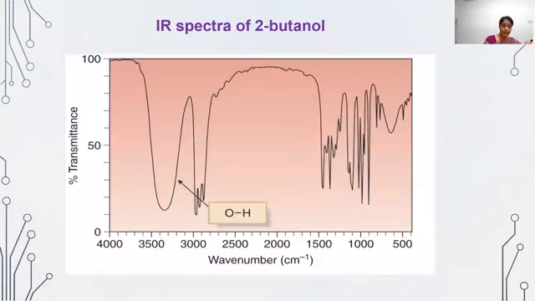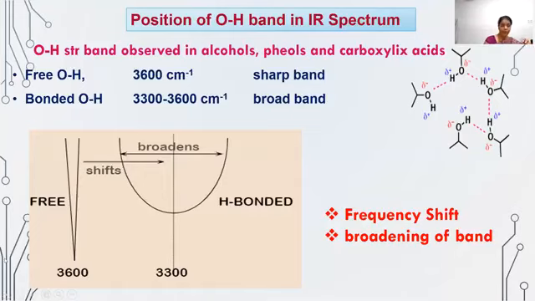This is the free band of free OH. Whereas the bonded OH band shows a broad band from 3300 to 3600 centimeter inverse.